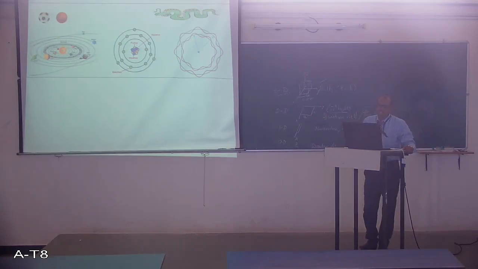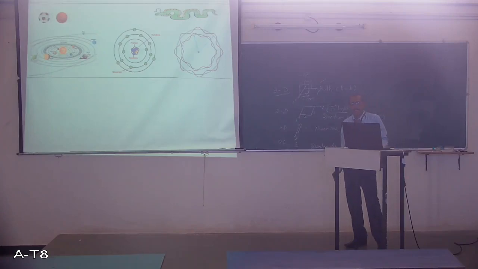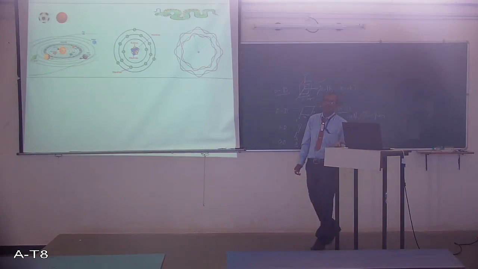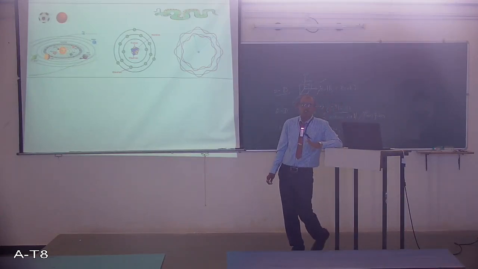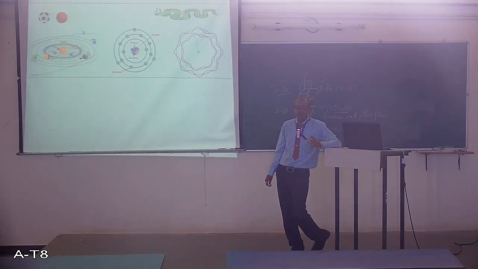the difference between Newtonian mechanics and quantum mechanics. What does Newtonian mechanics deal with? Newtonian mechanics deals with macroscopic objects, meaning objects we can easily see with our eyes. To such objects we can easily apply Newtonian mechanics, also called classical mechanics.